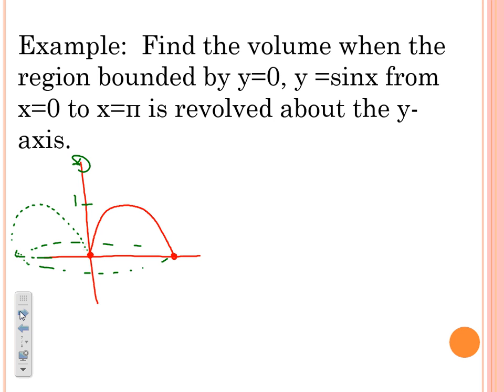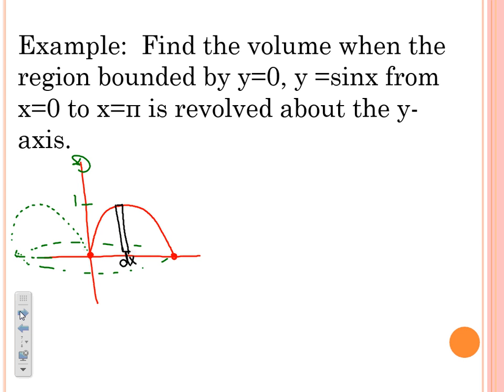Okay, so if I'm going to rotate this around the y-axis with shells, I would need vertical rectangles with thickness dx, because then we would create a shell around the y-axis. Can you visualize it? Then we get these shells.